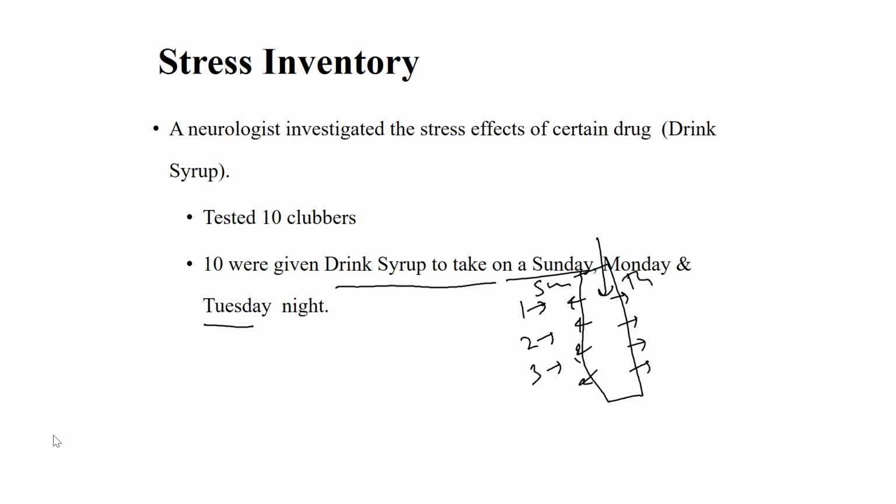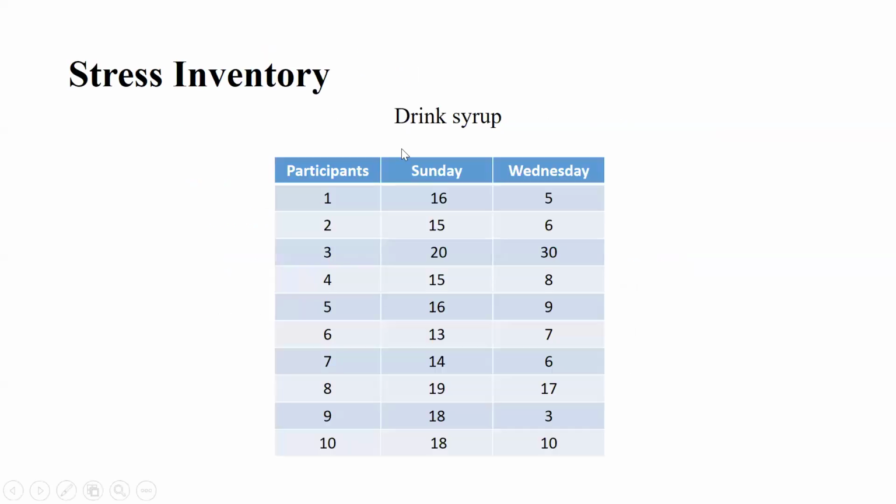So the hypothesis of this test is about the drink syrup. You can see that on Sunday we are taking the observations, this is the score of one participant: 16, 15, 20, and so on. After 3 days continuously, when the doctor is giving syrup to patients, she found the depression was lower.